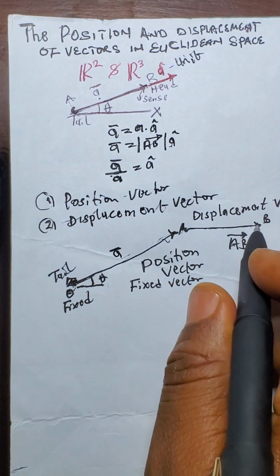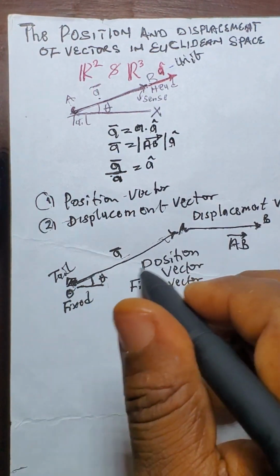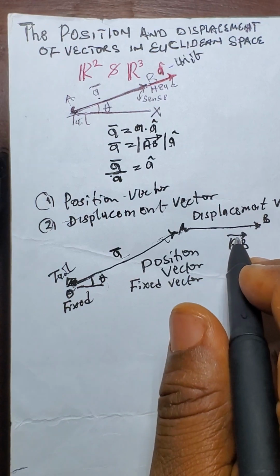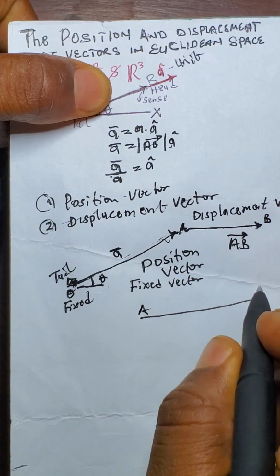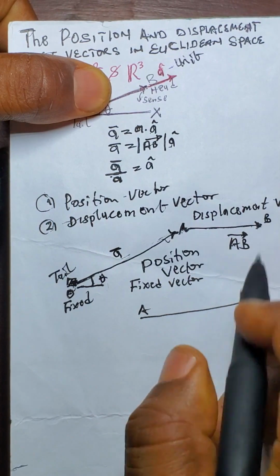Now, this particular point B too can have its own position vector. So, in a nutshell, let me have line AB here. This particular vector AB.